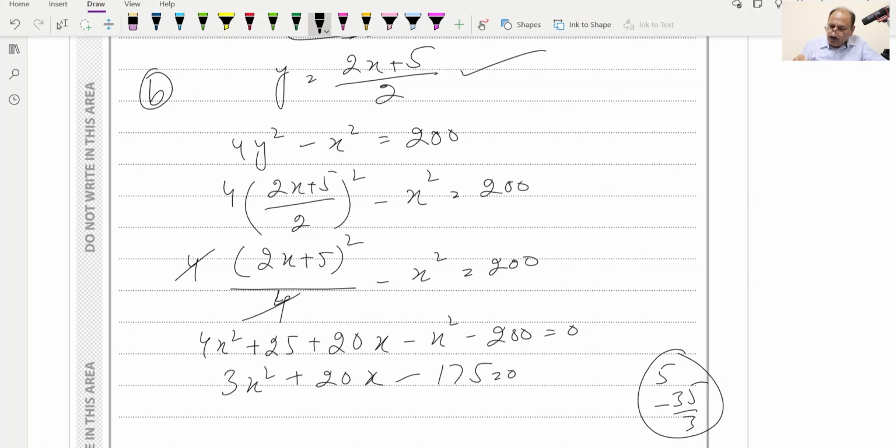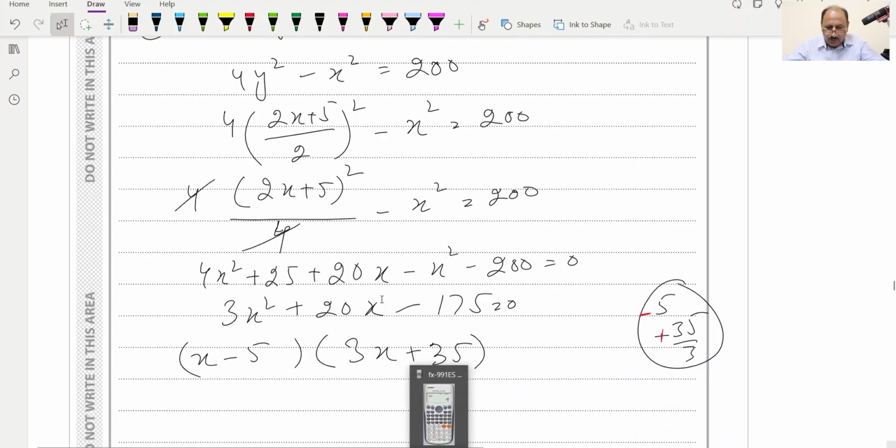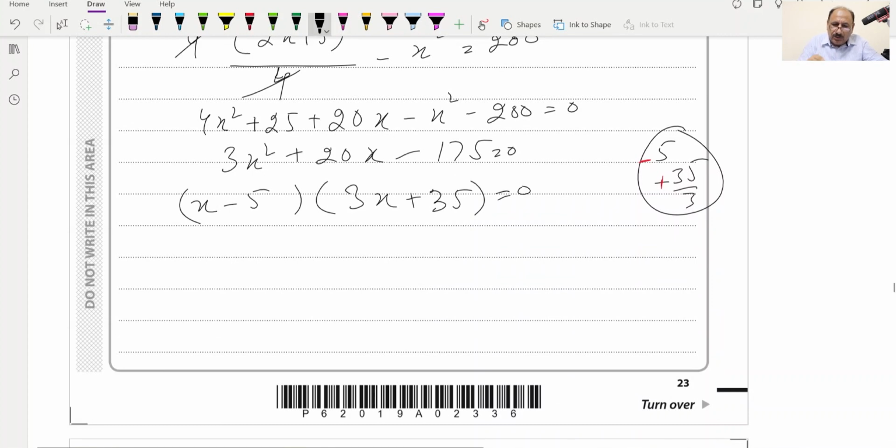These two values will change sign, so this becomes minus and this becomes plus, and we can write the terms (x − 5) and (3x + 35). You can use the quadratic formula also, or factorize in any form.